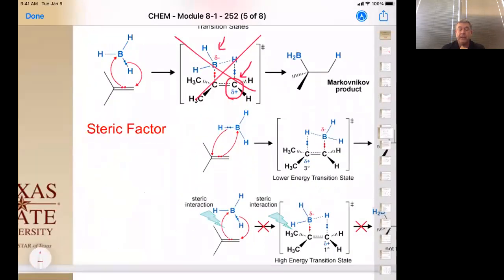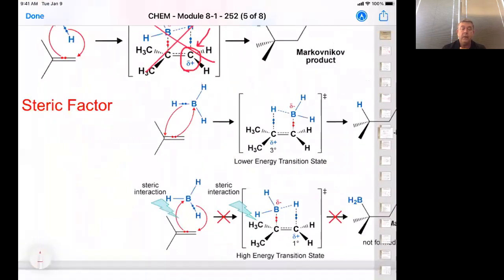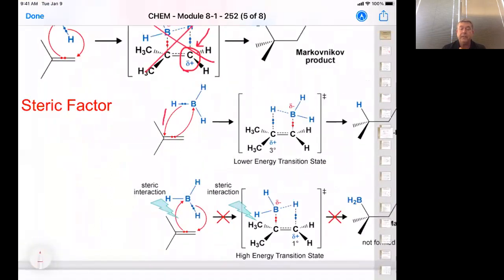If we look at it and start adding it the way we see it here, where the hydrogen is coming and it's being repulsed by these two methyl groups, the boron is only being repulsed by these two hydrogens. The boron is larger than hydrogen, and therefore this is energetically favored because the boron is not being repulsed by those two methyl groups.